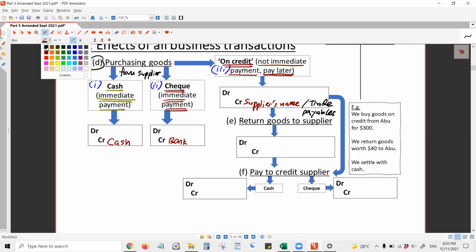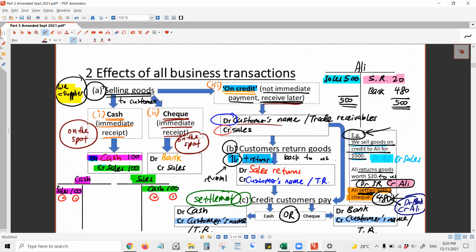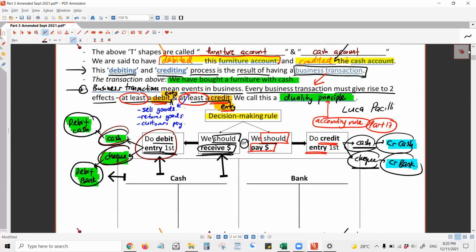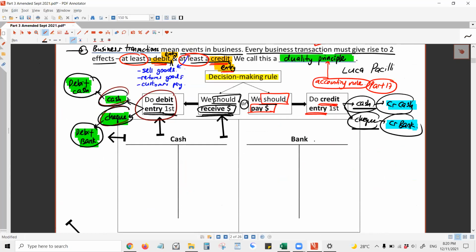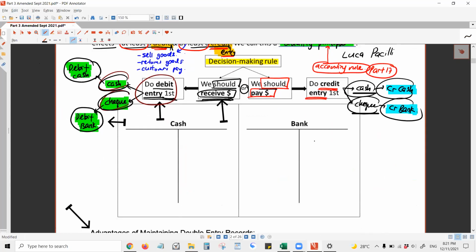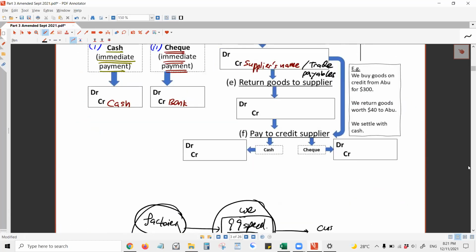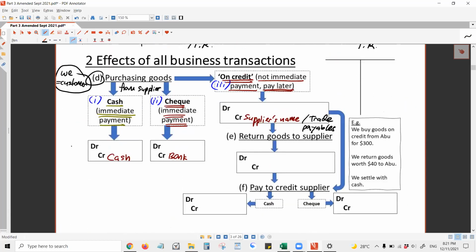Now, what account to debit? This is something you have to remember separately, just like when you sell goods, you have to remember to credit the sales account. My point is the decision-making rule here can only help you to some extent. Good enough. And then for certain things, you have to remember separately, like crediting sales when you sell goods, and when you buy goods, you debit purchases.